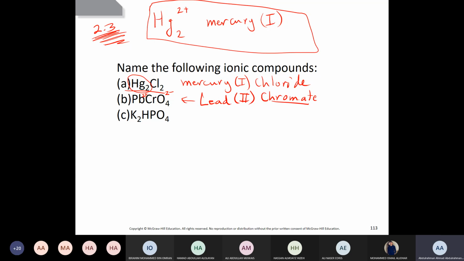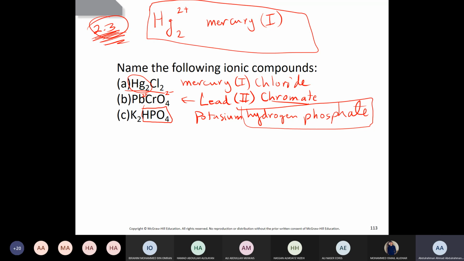What's the name? Potassium hydrogen phosphate. Hydrogen phosphate is a special group from the table.